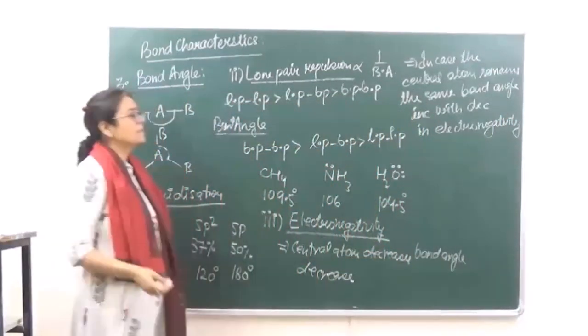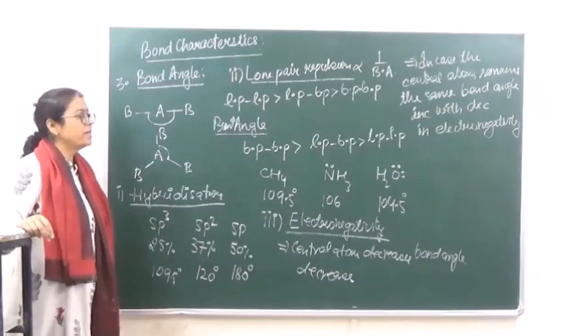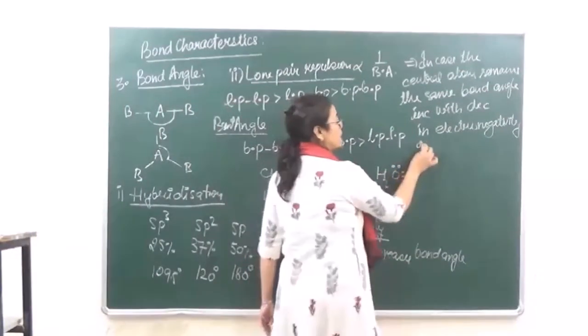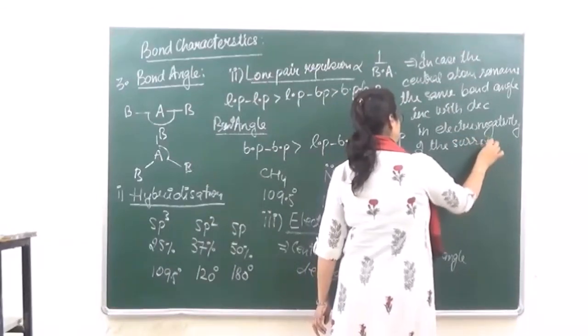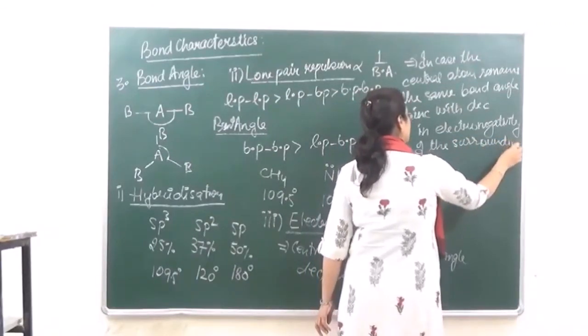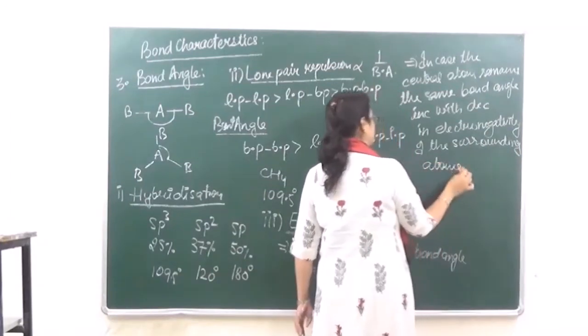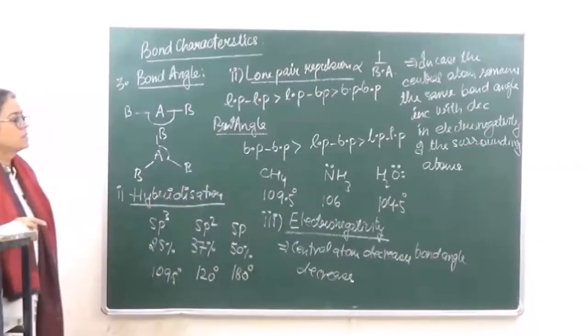So if the central atom remains the same, then bond angle is going to increase with decrease in electronegativity of the surrounding atoms. ठीक है?